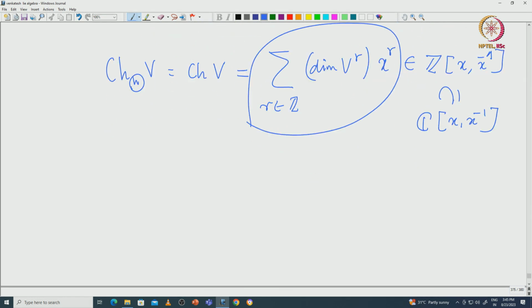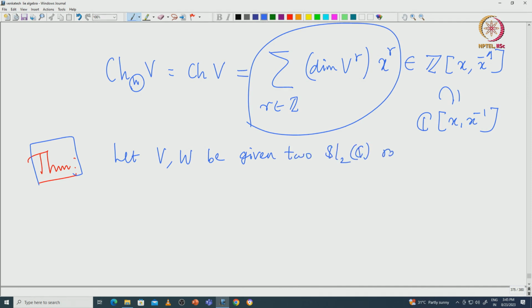So, now this is very important data. Okay. One can prove, and I will state it as a theorem because this is a very important observation, and this actually happens even for any semisimple Lie algebra, but anyway let us do it for SL2, no issue. So, what we want to say is, let us say V and W are given SL2 representations. Okay.